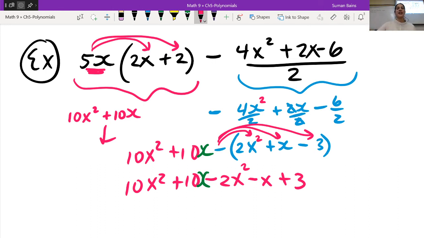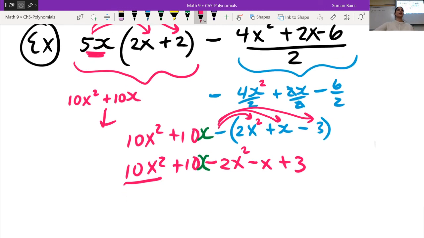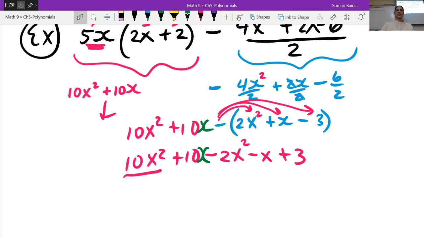And now what's the last thing we have to do in order to finish this? 10x squared. Are there any other x squares? Negative 2x squared. So what's 10x squared minus 2x squared? 8x squared. So that's gone and that's gone. 10x minus x.